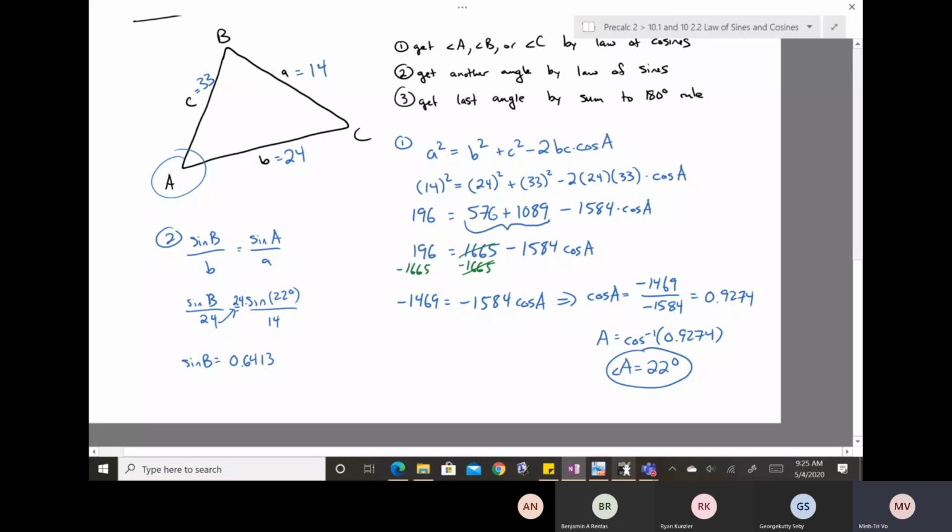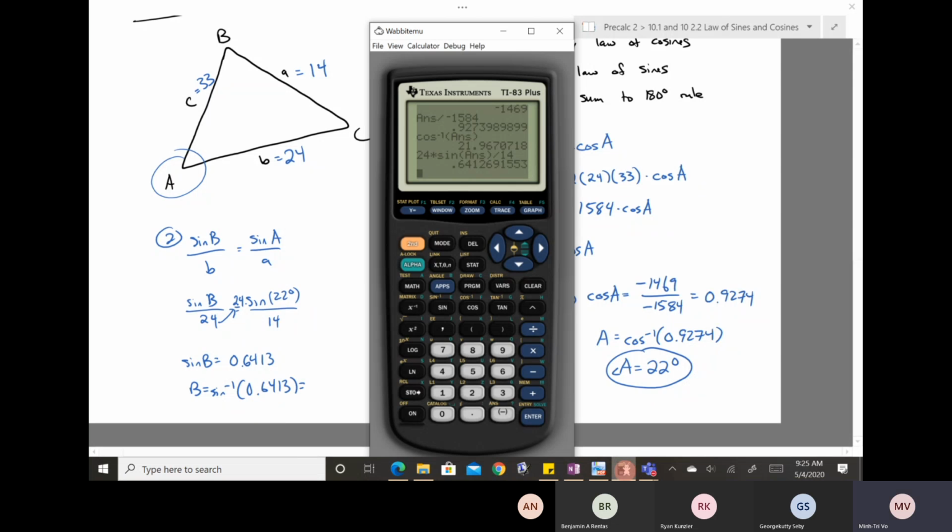So we're going to have to use the inverse sine now. So B is the inverse sine of 0.6413. So what do I get?